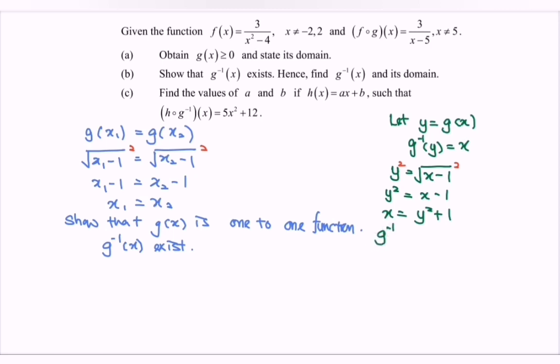So g inverse of y equals y squared plus 1. g inverse of x equals x squared plus 1. So that is g inverse, and the domain would start from 0 until infinity. So that is the domain for g inverse.